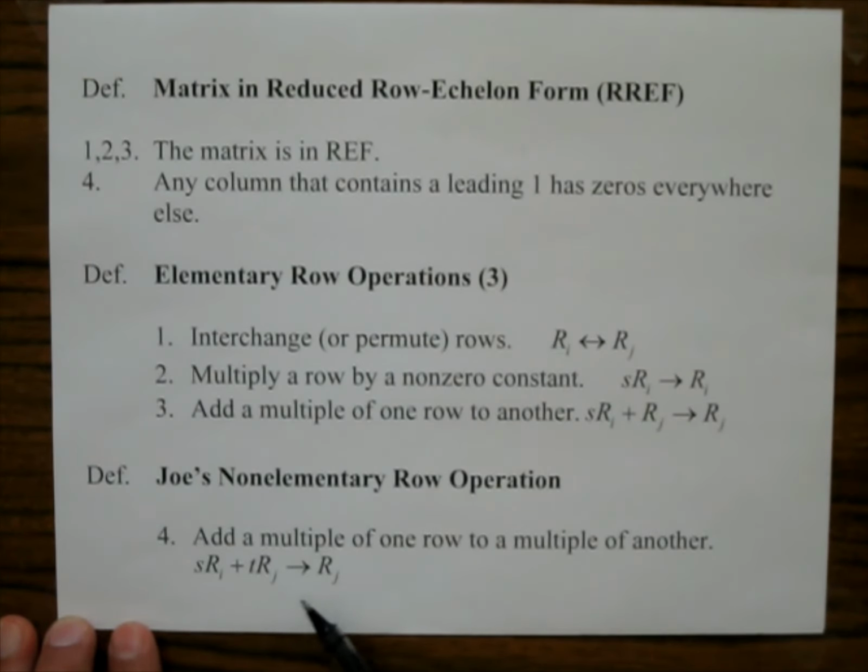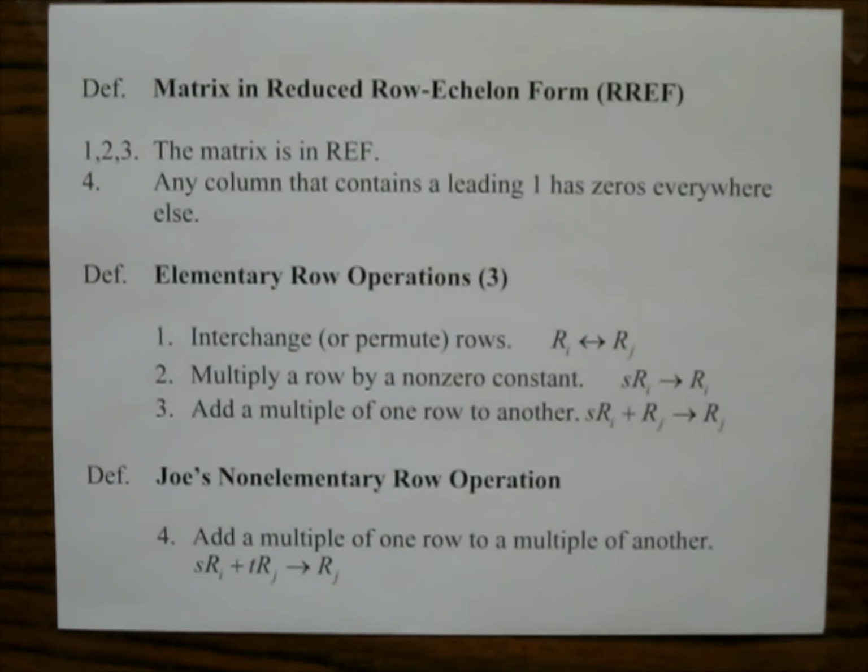This is just putting two of these elementary row operations together, so this is not an elementary row operation. That's why I call it non-elementary. I will let you know when I am doing this, but it really does help me become more efficient and avoid some fractions.